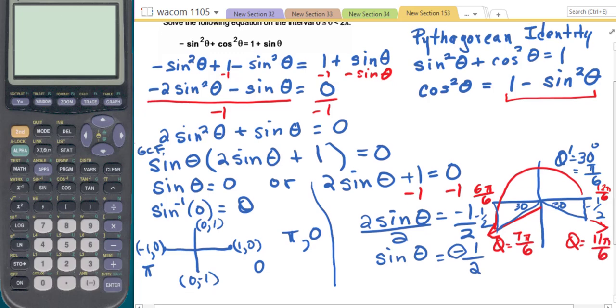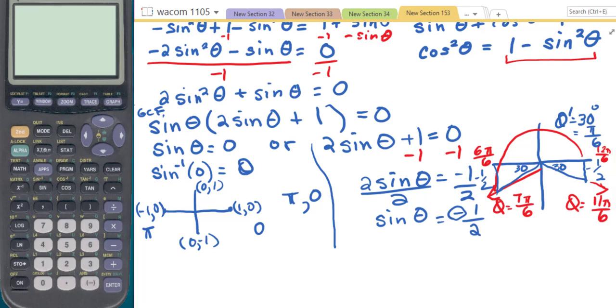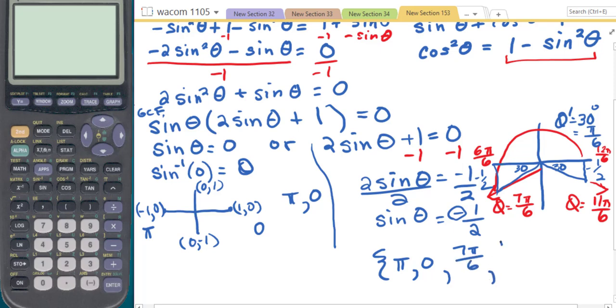So we have 4 answers: pi, 0, 7 pi over 6, and 11 pi over 6.